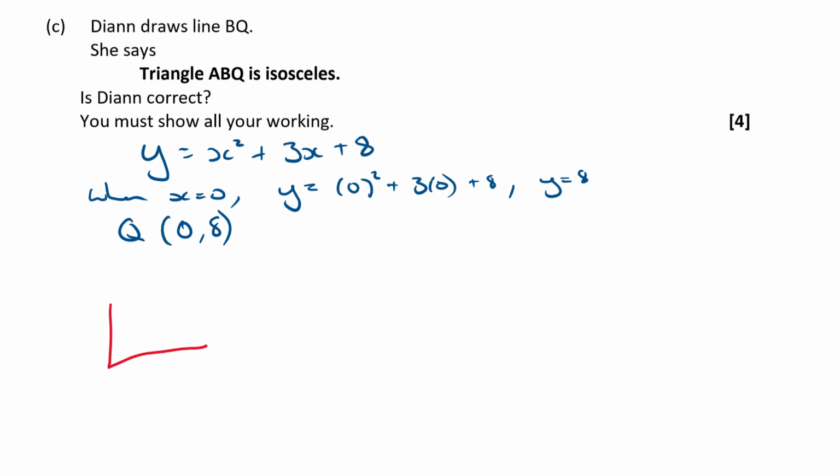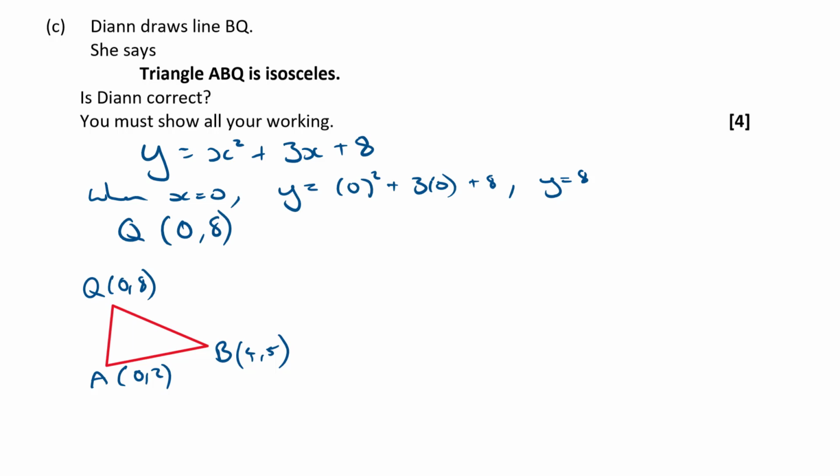We've got a triangle which we're calling, so that was A, B, Q, wasn't it? And B had coordinates 4, 5, and A had coordinates 0, 2, and we now know that Q has got coordinates 0, 8. Okay, and we want to know whether or not this triangle is isosceles.